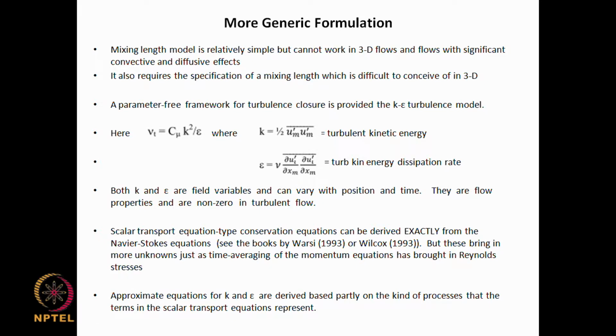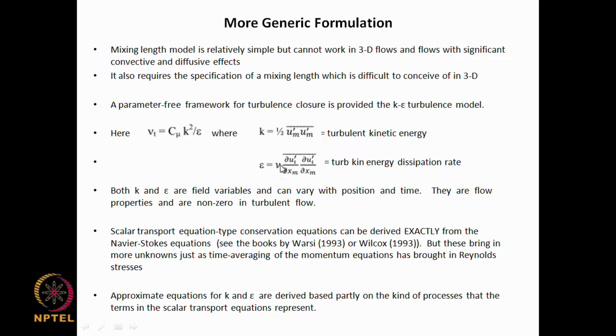But both of them are time average quantities. So, they do not exhibit these rapid fluctuations which are characteristic of turbulent flow, like those millisecond variations, because these are already time average quantities. And they are flow properties and not the properties of the fluid.